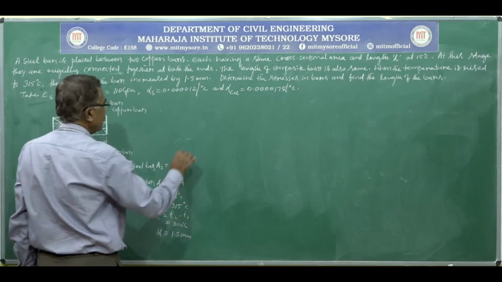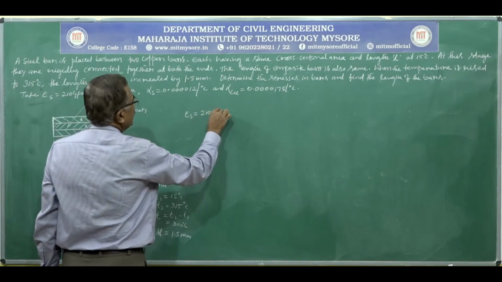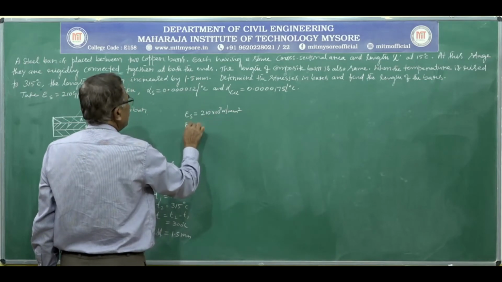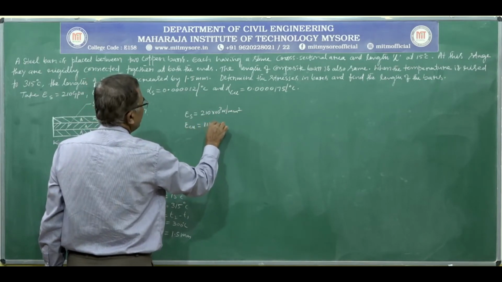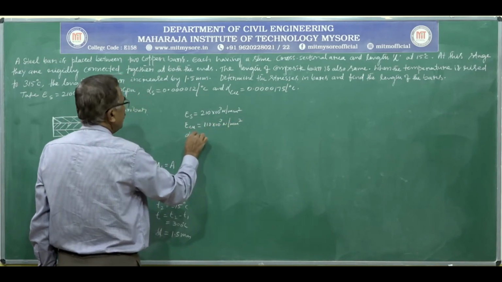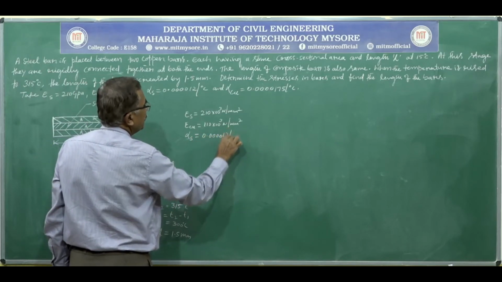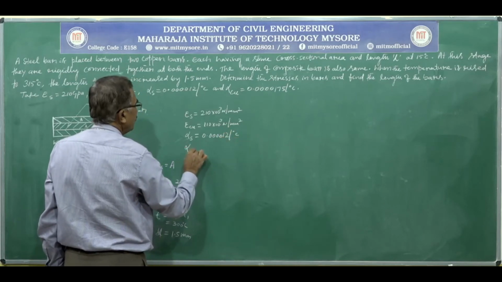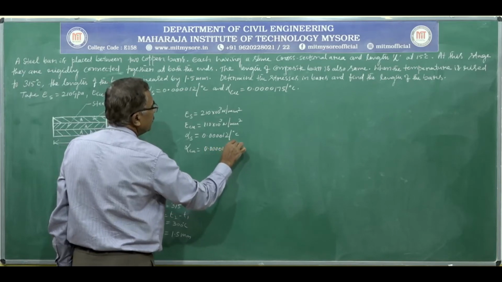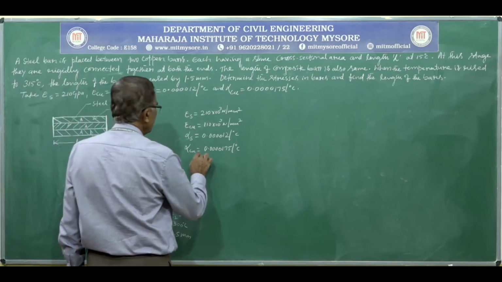Given Young's modulus of steel, ES is equal to 210 into 10 power 3 Newton per millimeter square. Young's modulus of copper ECU is equal to 110 into 10 power 3 Newton per millimeter square. The thermal expansions are alpha S is equal to 12 into 10 power minus 6 per degree C and alpha copper is equal to 17.5 into 10 power minus 6 per degree C.